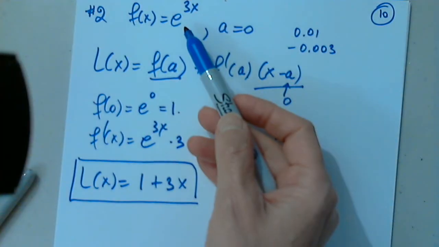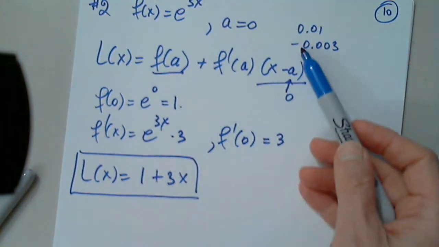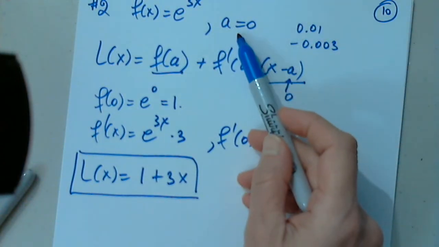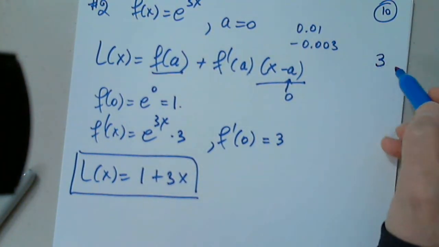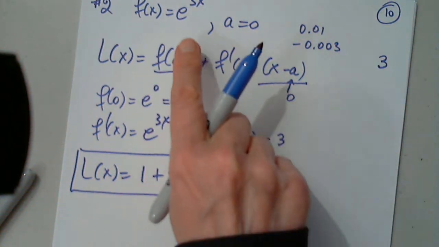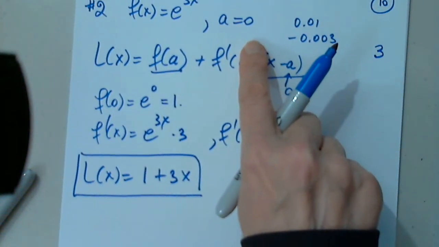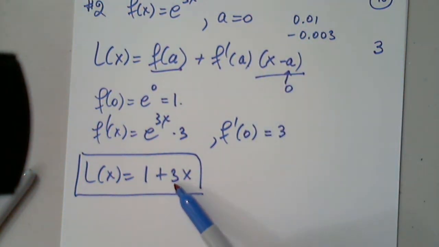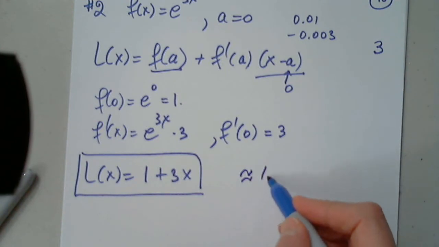You don't know how to do that. But we know how to do this. So this will be for 0.01 near 0. Do not say 3. 3 is not near 0, and you cannot use this line to approximate that function near 0. But at 0.01, I have 0.03, so this will be approximately 1.03.